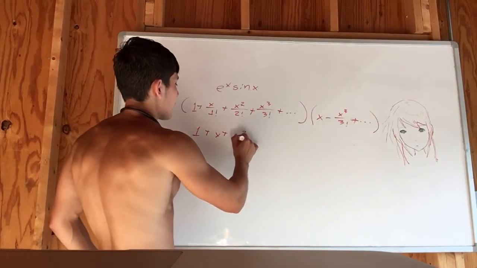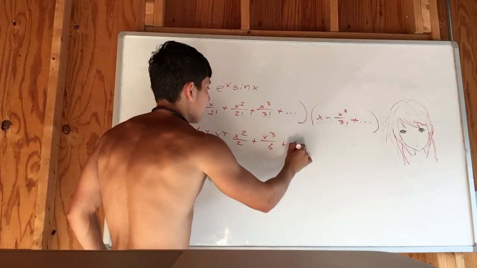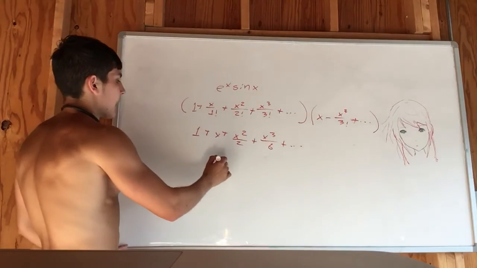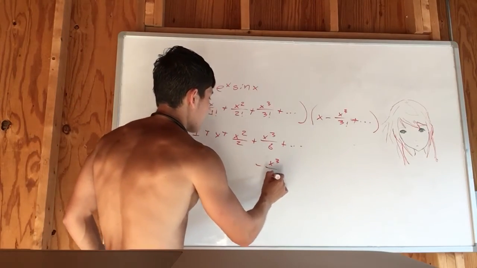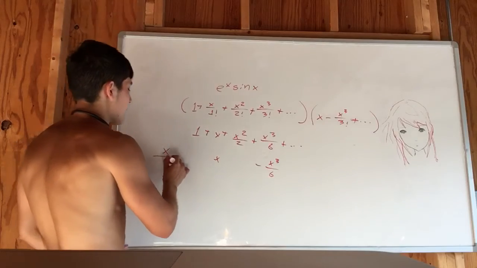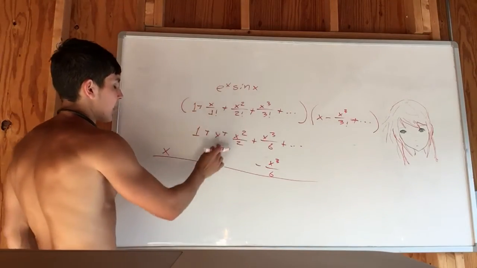So this is x squared over 2 plus x cubed over 6. Over there we have x minus x cubed over 6. We're multiplying this. So when we multiply this out to everything, I like to keep it orderly.